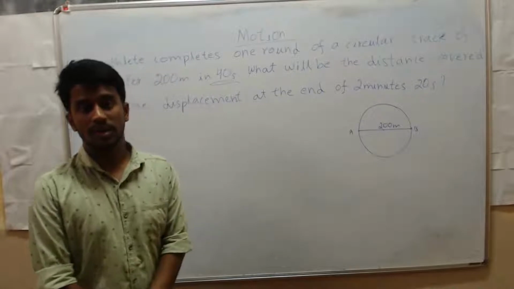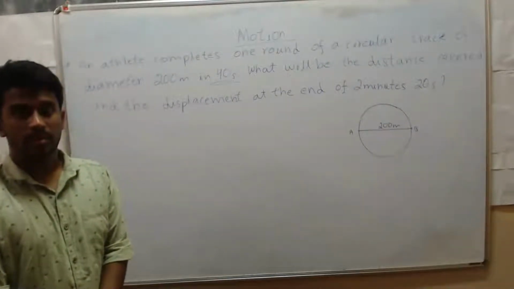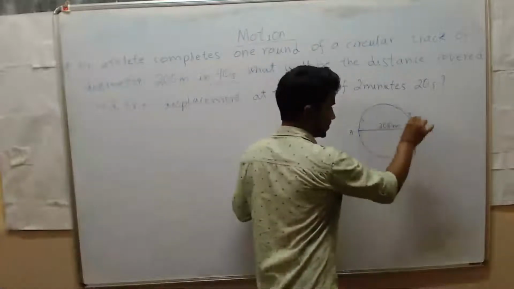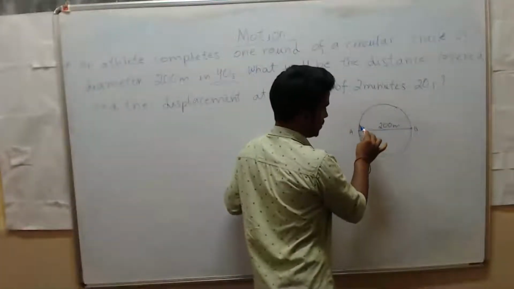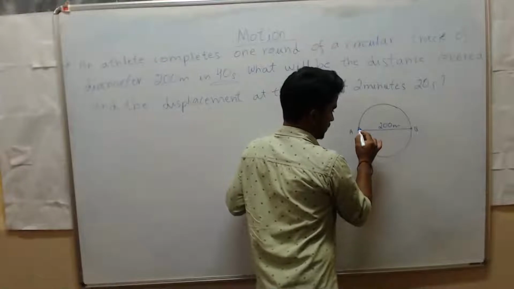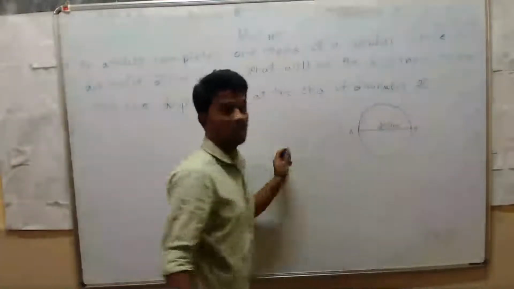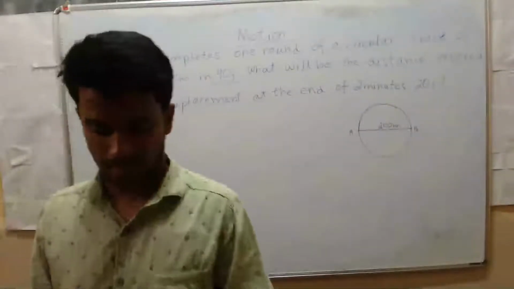How to calculate? So here we need the length of the circle. We need to see that the athlete will travel using this path.